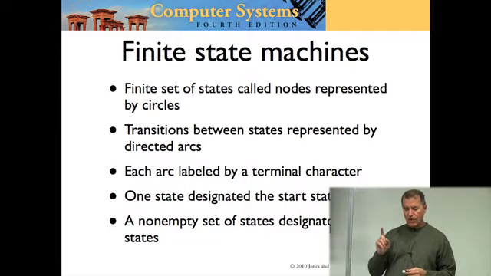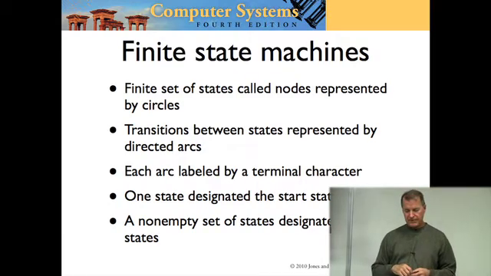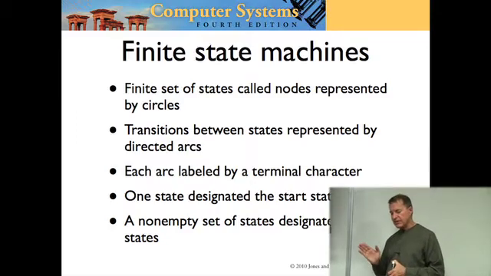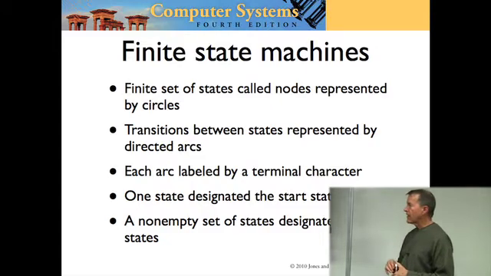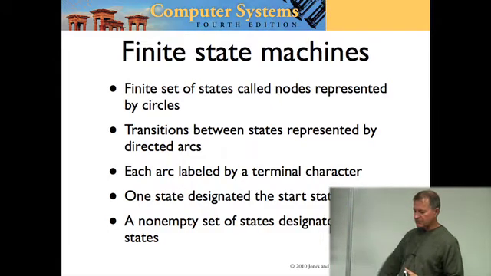And then one special state is designated the start state, and this roughly corresponds to the start symbol in a grammar. And then a non-empty set of states are designated the final states. The way we normally denote those is we put a double circle.